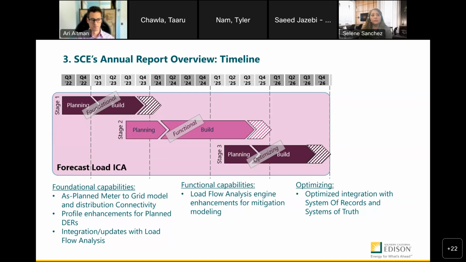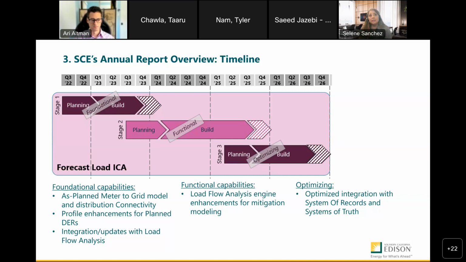We have cross-functional teams working on the business requirements, working with our IT business partners and developers to be able to move forward with the design. We are looking at building the foundational capabilities for as planned meter to grid, enhancing our grid connectivity model, and also enhancing the way we include the forecasts for DERs.